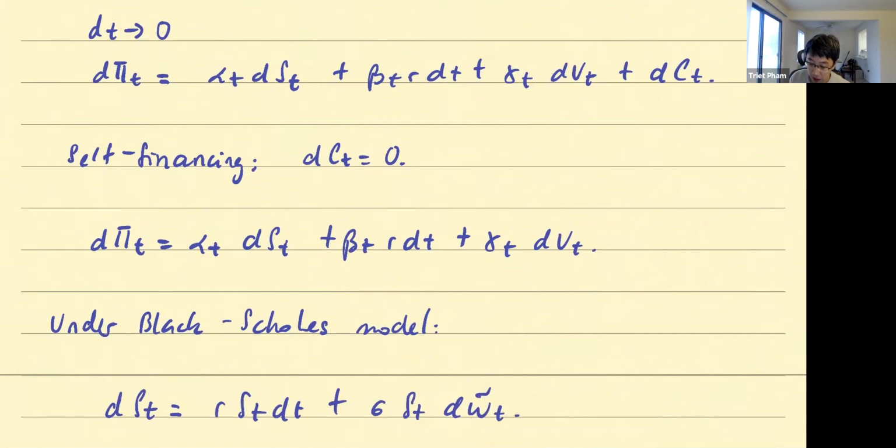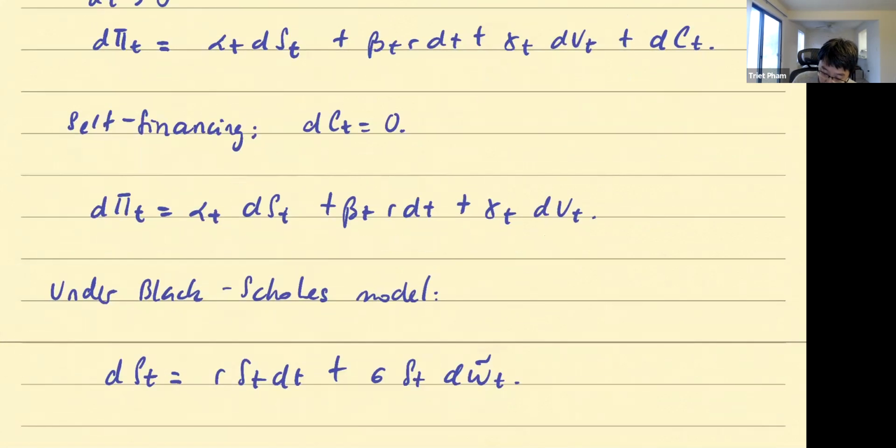So if we can express the change of portfolio value in terms of the change of the stock price, then by the Black-Scholes formula, we can plug this in and get the dynamics of the portfolio in terms of the dynamics of the stock to begin with. So that's one thing.